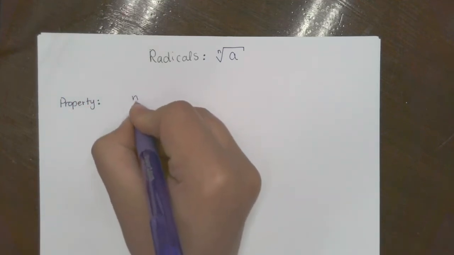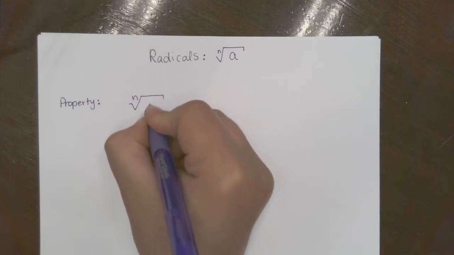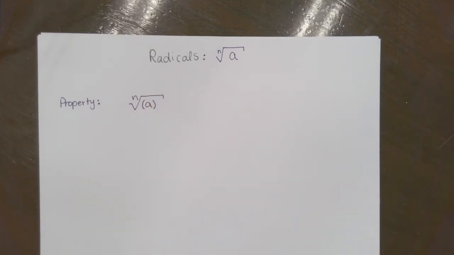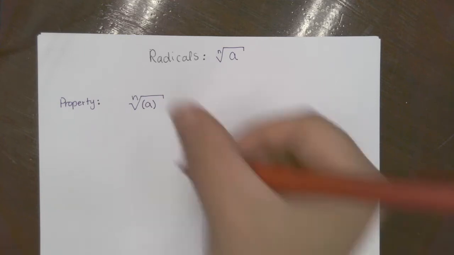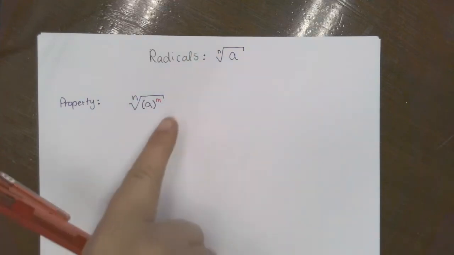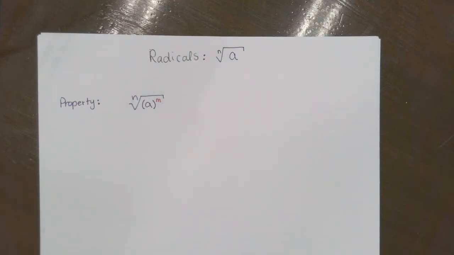When you have an exponent on your radicand, so on the inside, give me a number, any number. 4. Actually, let's use 4 in a few seconds. Let's use M. I think that your worksheet uses M, so I want to keep that consistent.